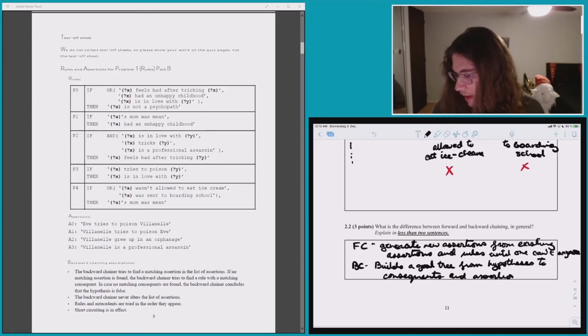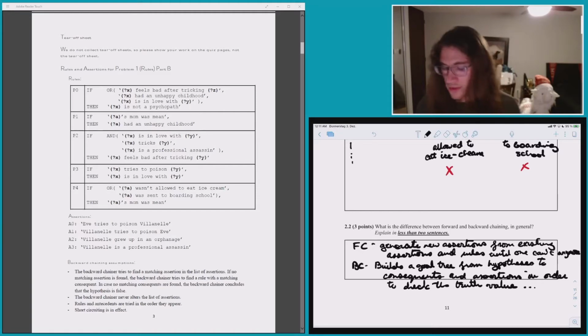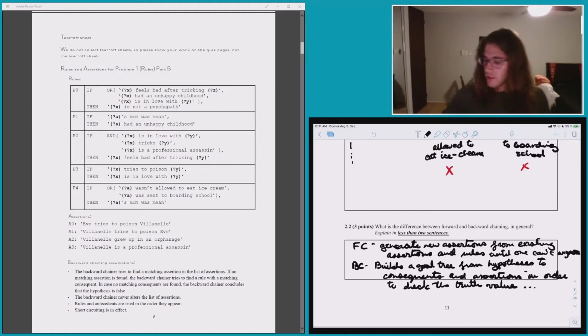But it's not just that backward chaining builds a goal tree, it's that it builds a goal tree in order to prove or check the truth value of the hypothesis. So this is one of the key differences.